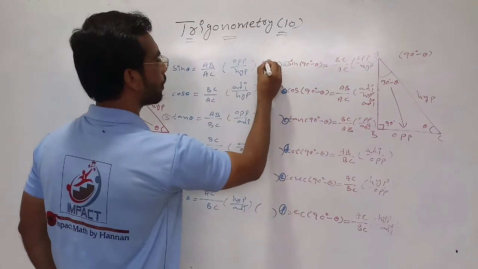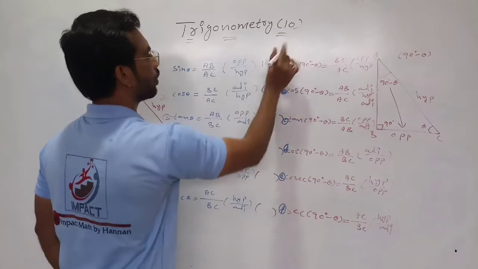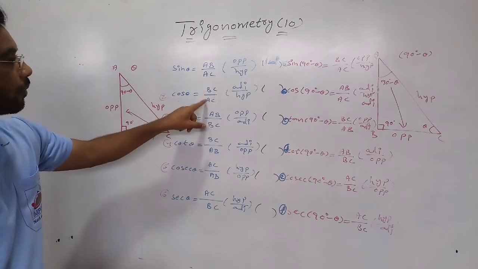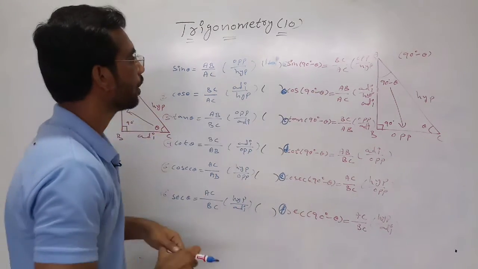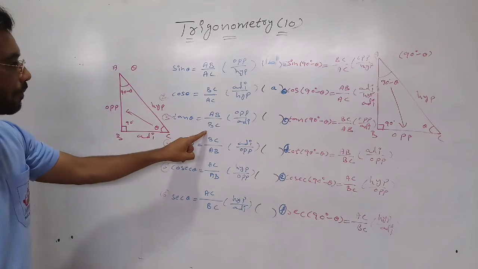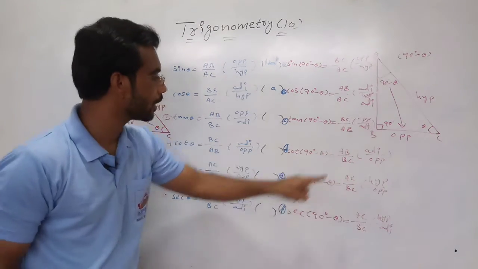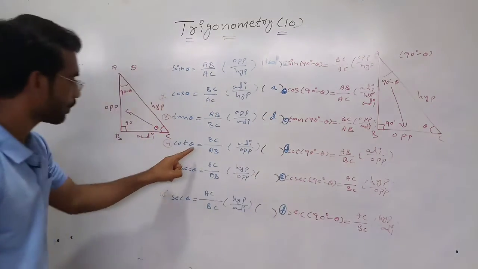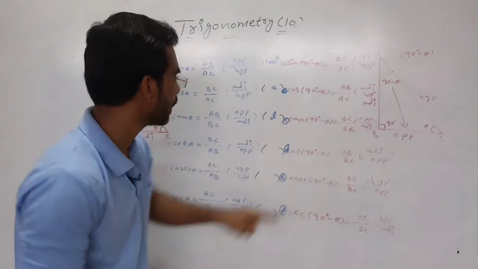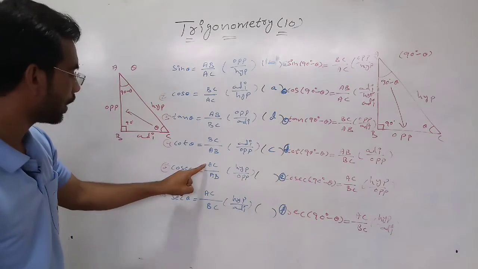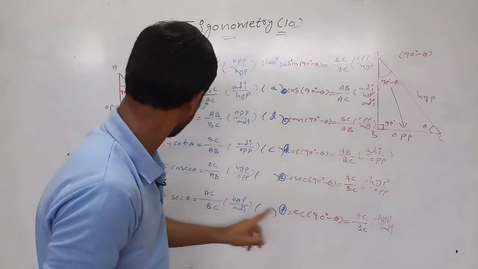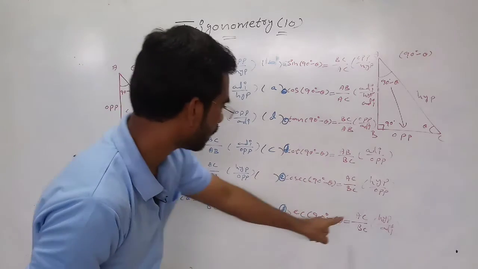This is B. Okay, B is equal to B. Next, cos theta is BC by AC, that is A. Next, tan theta is AB by BC, that is D. Next, cot theta is BC by AB, that is C. Next, cosec theta is AC by AB.